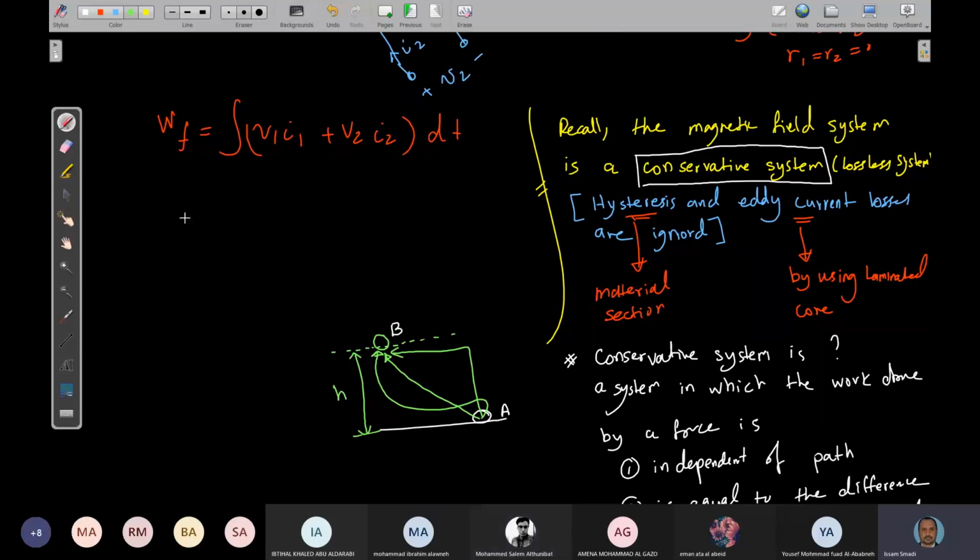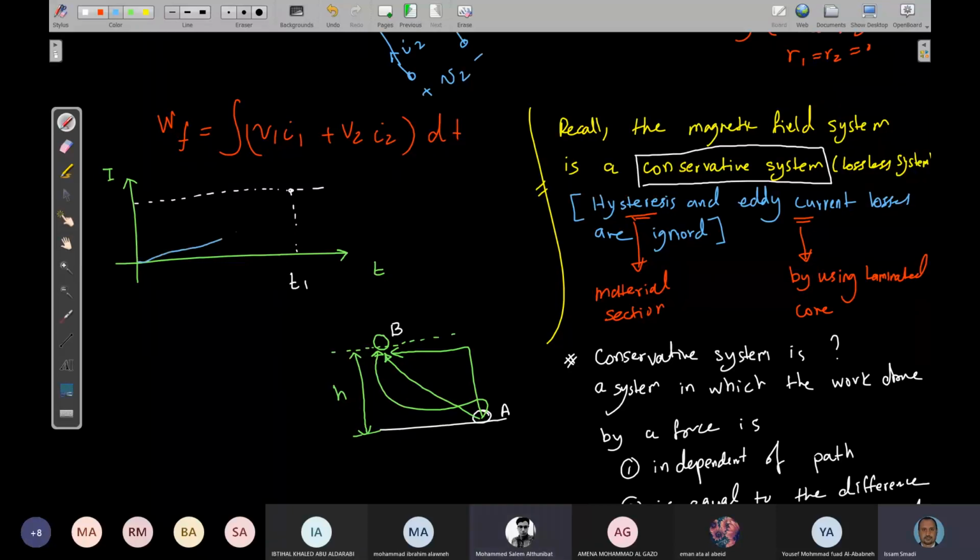Yeah. So if I'm having here, for example, a current trajectory, let's assume this is the time and this is the current, and I need to find the work done at this point, let's assume at T1. So the work done by the current at T1 is independent regarding the path.